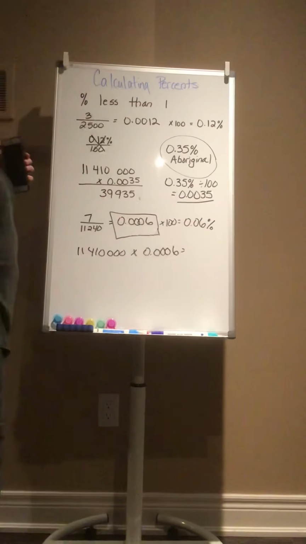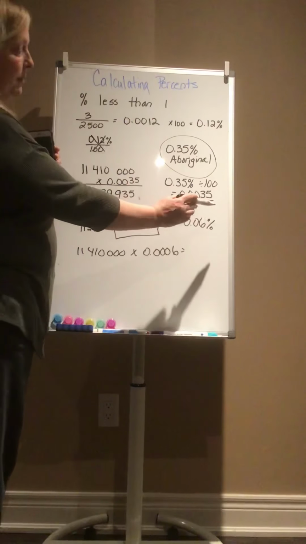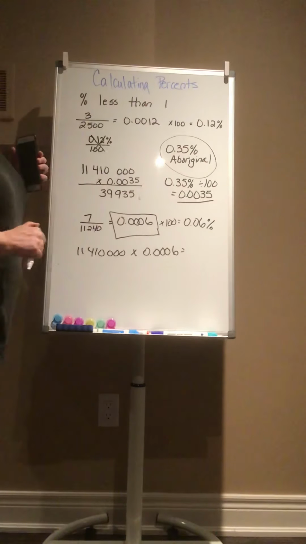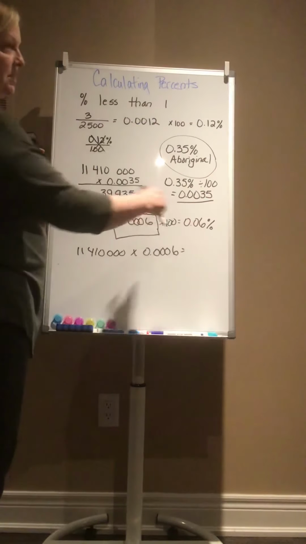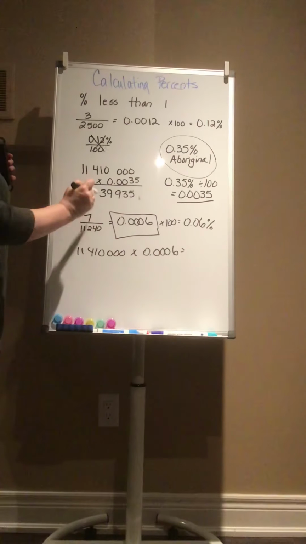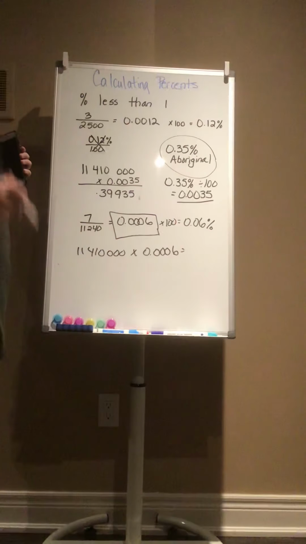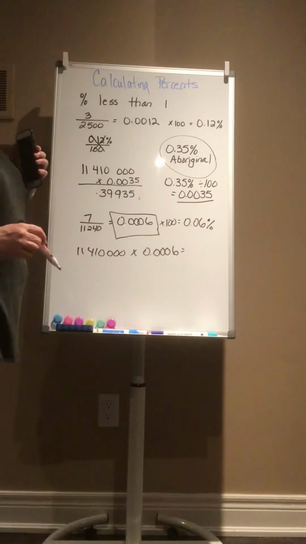Now the first thing I'm going to ask myself is, is 0.06% bigger or smaller than 0.35%? Well, it's smaller. It's about a sixth as small. So my brain should automatically know that this number should go down. The number of South Africans living in Ontario should be less than Aboriginals.